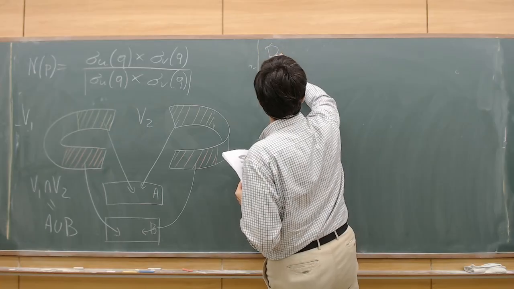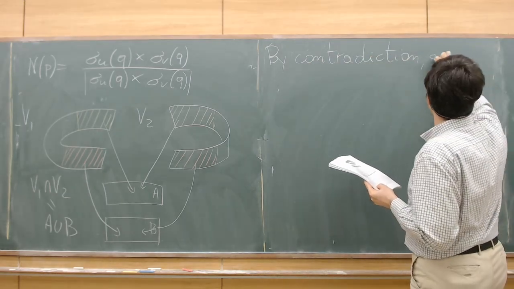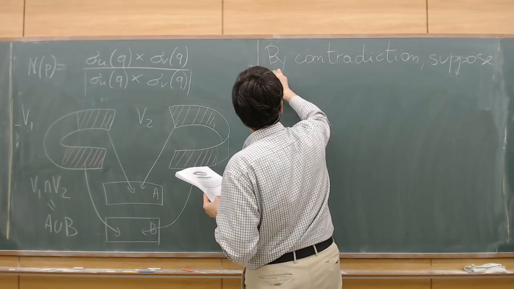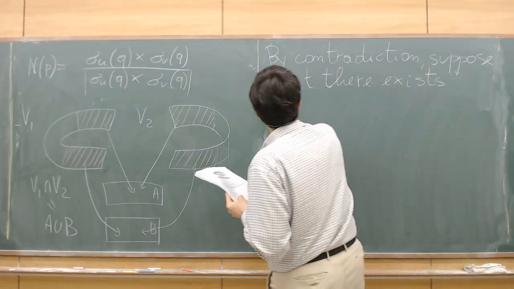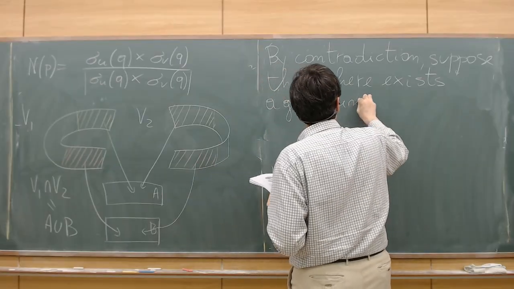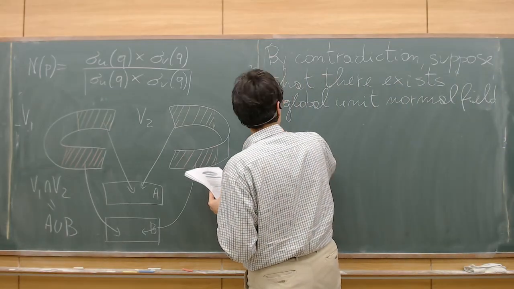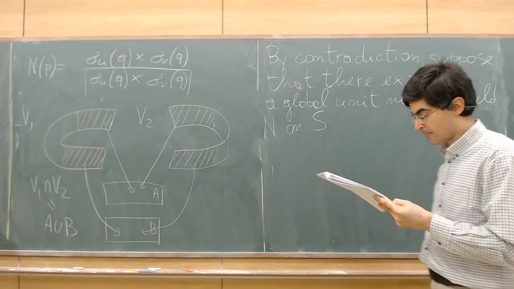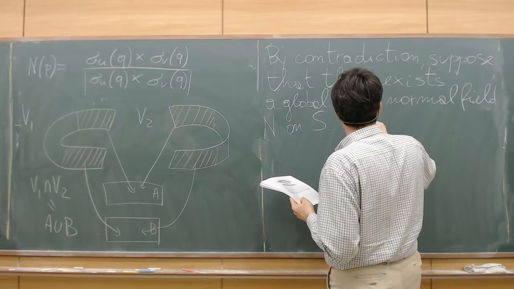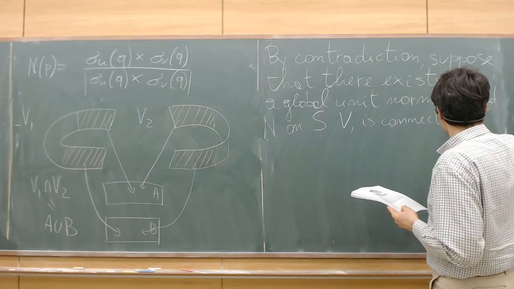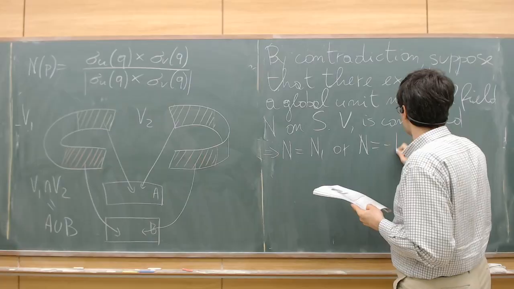Okay, now let's suppose by contradiction that there exists a global unit normal field on S. I call it N. Since V1 is connected, then N is equal to N1 or N is equal to minus N1.